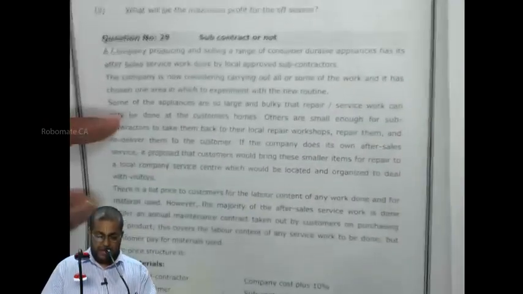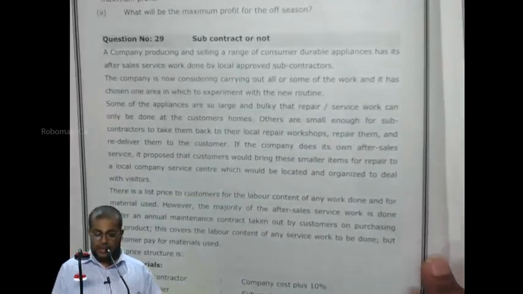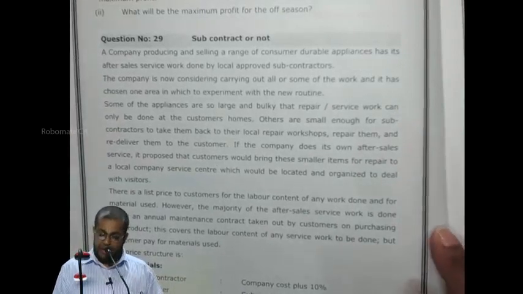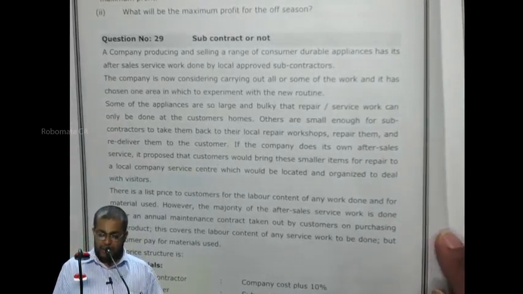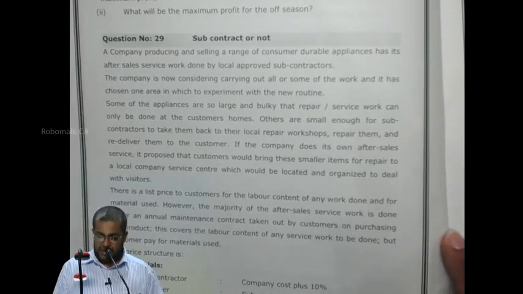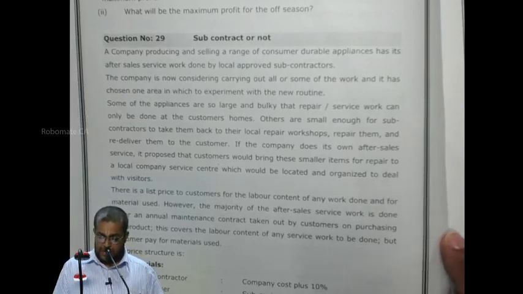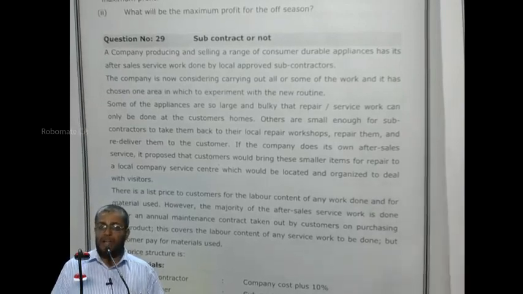However, the majority of the after-sales service work is done under an annual maintenance contract taken out by customers on purchasing the product. This covers the labor content of any service work to be done, but the customer pays for the material used. For materials, price to subcontractor: company cost plus 10%. Price to customer: subcontractor price plus 25%.